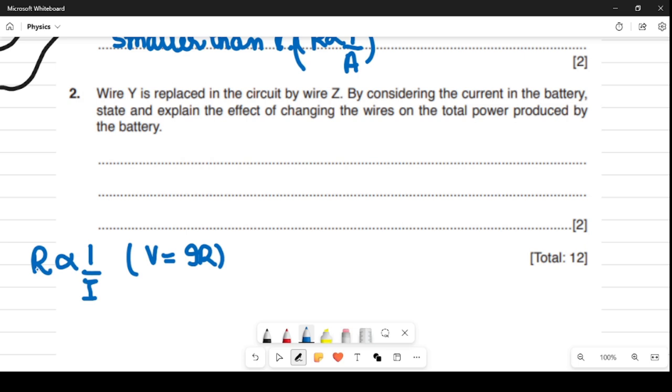Y had a higher resistance and is replaced by Z. Z has a lower resistance. So if we are decreasing R, the overall current will increase. And current in itself is related to power in P equals VI. So if I am increasing the current, power will also increase. So the power output, in short, is going to increase.